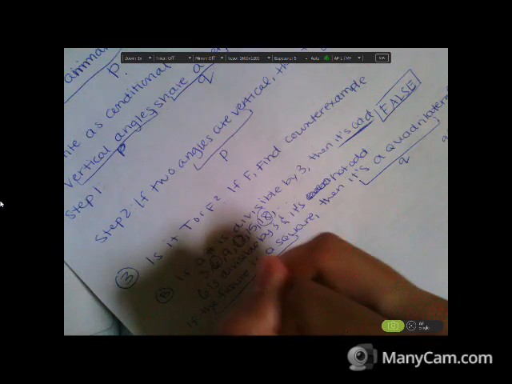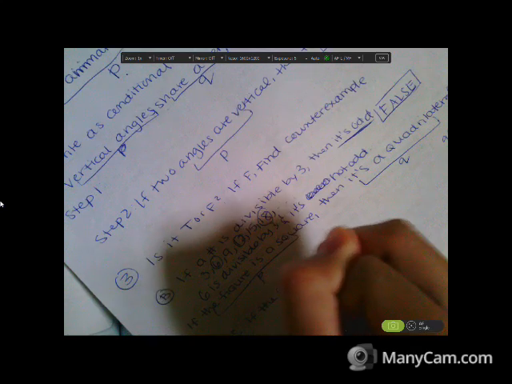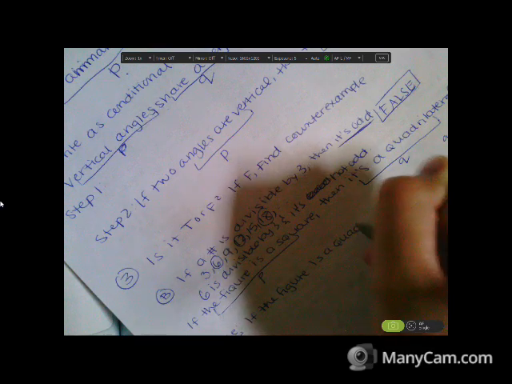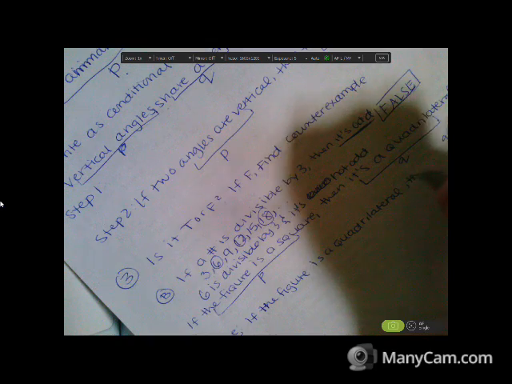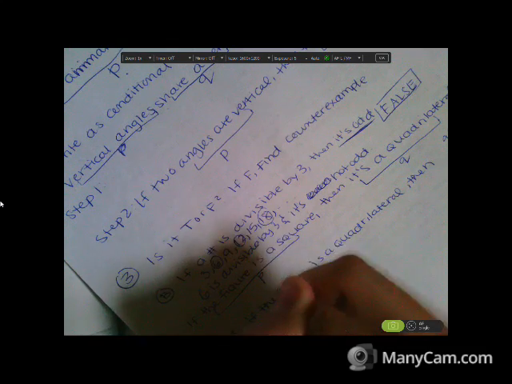So converse is, if the figure is a quadrilateral, then the figure is a square.